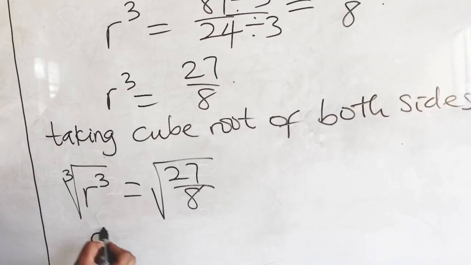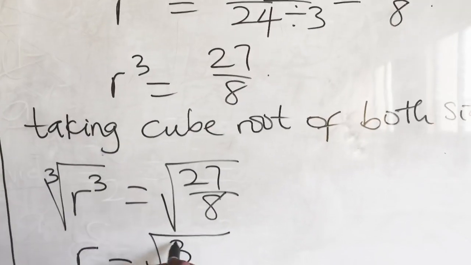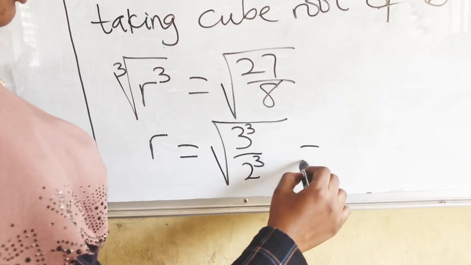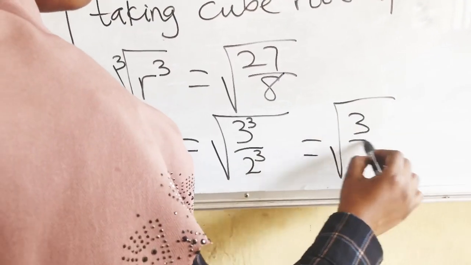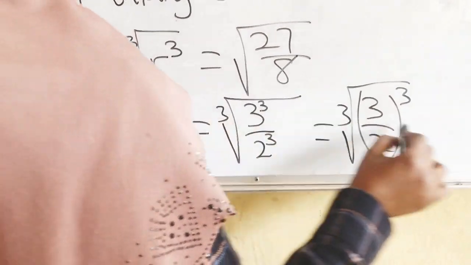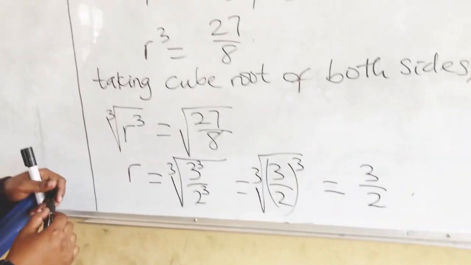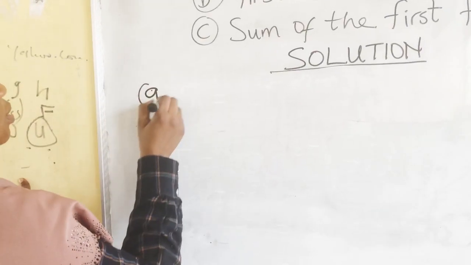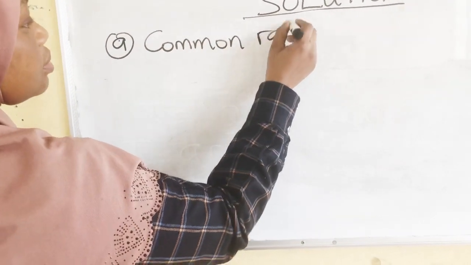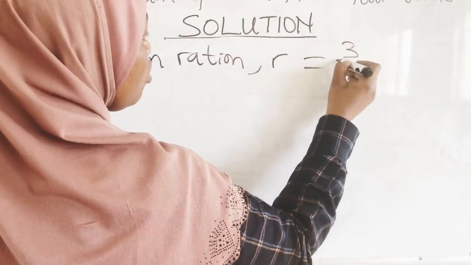So this one will be equal to R, and this one will be equal to cube root of 3 raised to the power of 3 over 2 raised to the power of 3, which is cube root of (3 over 2) raised to the power of 3. So the answer is equal to 3 over 2. So the common ratio, small r, is equal to 3 over 2.